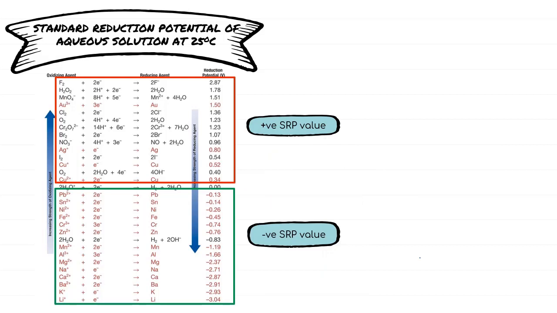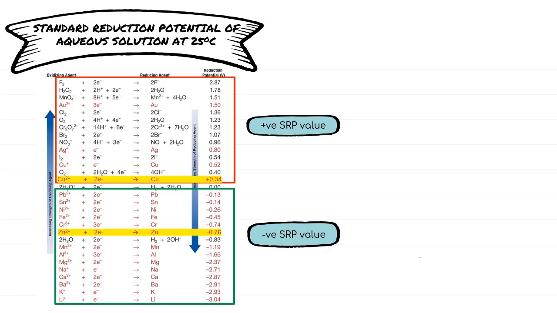Let's check if our assignment of anode and cathode based on observations from the previous example is true. Zinc has an SRP value of negative 0.76 volt, whereas copper has an SRP value of positive 0.34 volt. Well done! They are all correct.